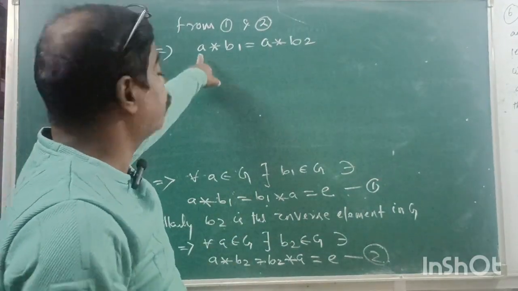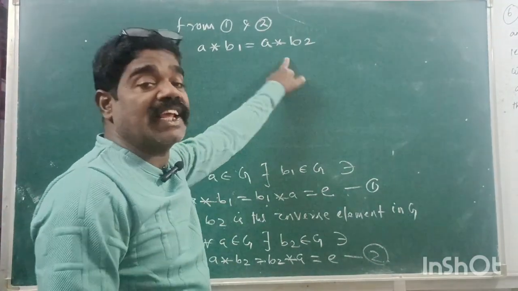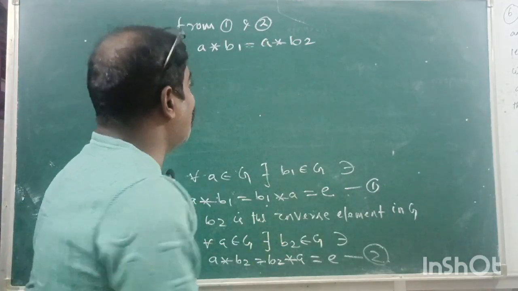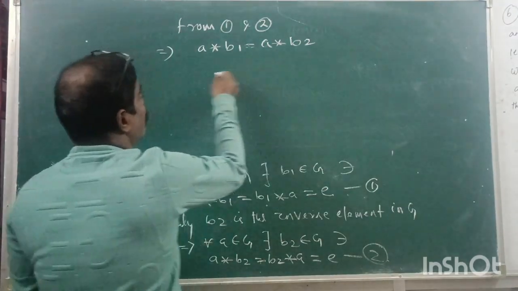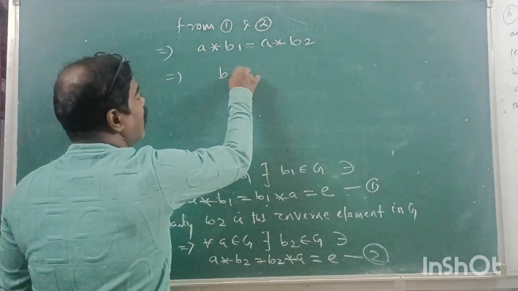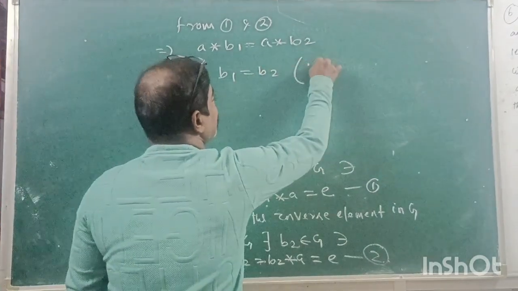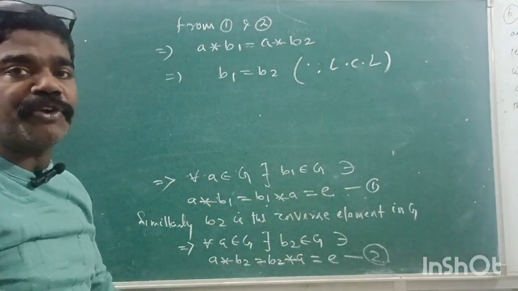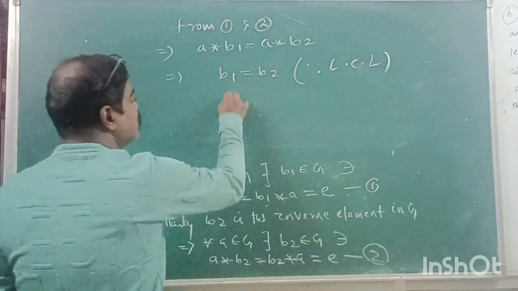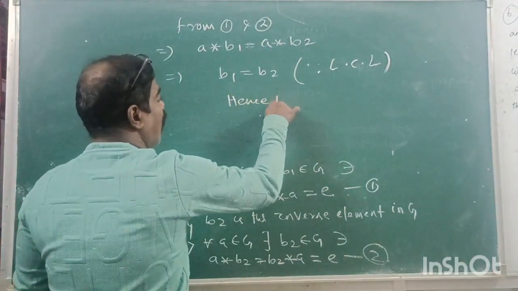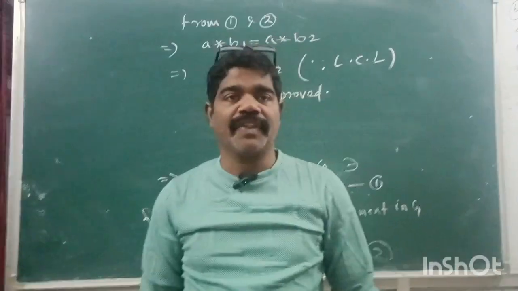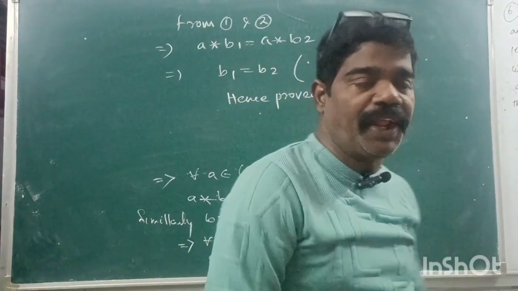Here in both the cases A is equal on the left sides. By left cancellation law, what you are getting? B1 is equal to B2. Why? Since left cancellation law. What you have to prove? This only. Hence proved. Okay? Now I will teach you another property.